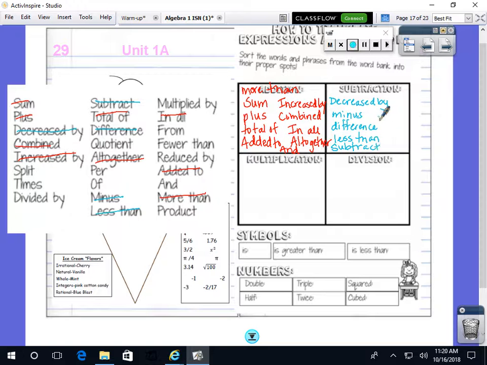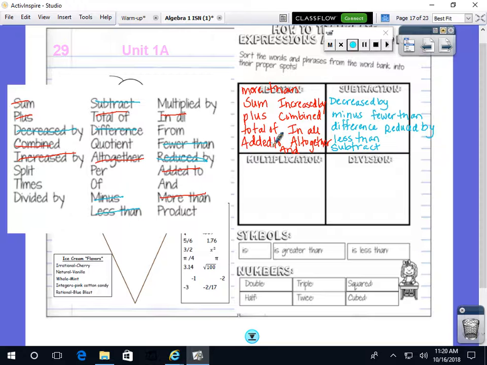Fewer than. Reduce by, yes. So if I want to reduce my spending by $500 a month, I would need to subtract $500 from my spending budget, right? So that means subtraction.